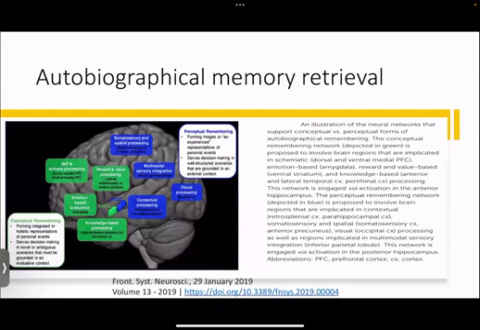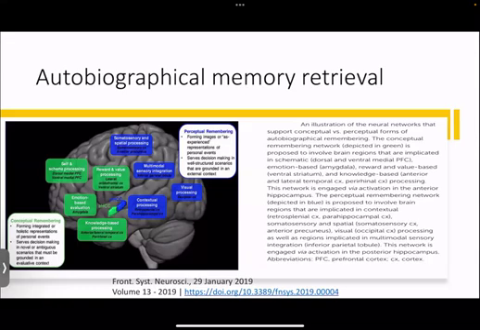So here, the brain areas which are highlighted in green are more important. They are dorsal medial prefrontal cortex and ventral medial prefrontal cortex, which cause self-processing and schema processing. Then reward and value processing are done by lateral orbitofrontal cortex as well as ventral striatum.